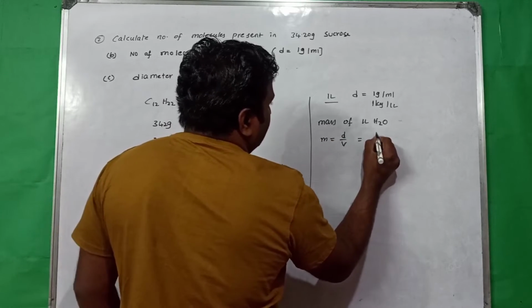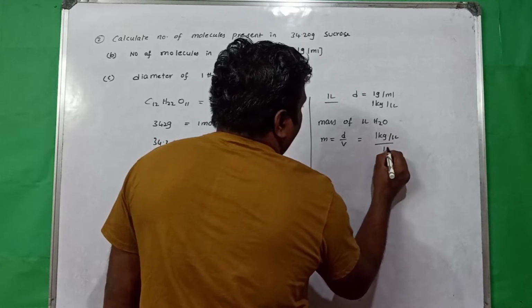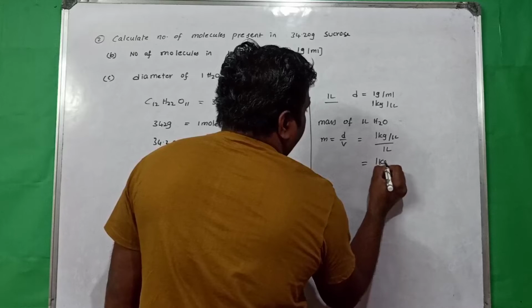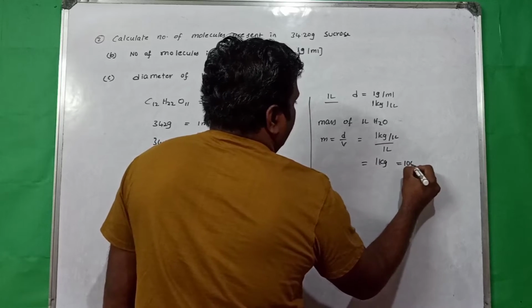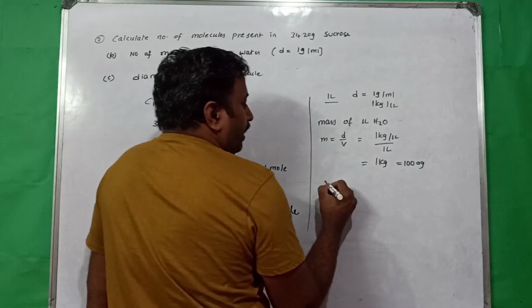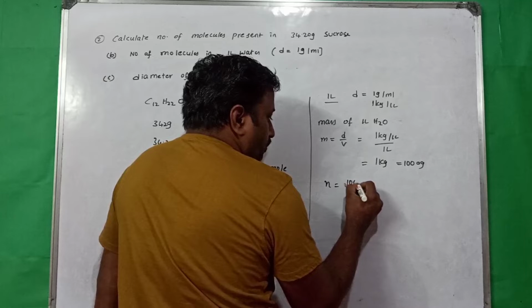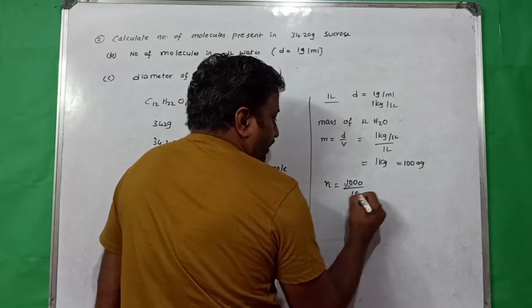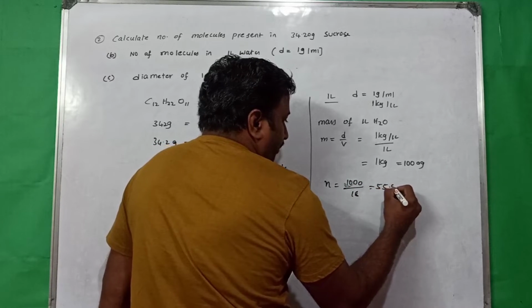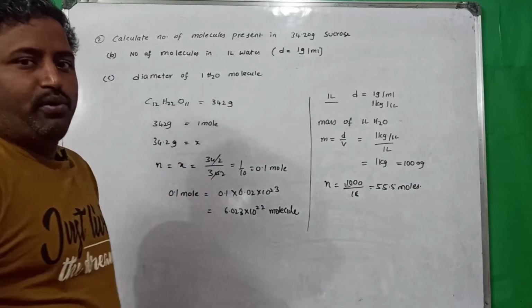Here density is 1 kg per 1 liter upon 1 liter, then we get 1 kg, that is equal to 1000 grams. So water weight we got is 1000 grams. The number of moles is equal to 1000 upon 18, that is 55.5 moles.